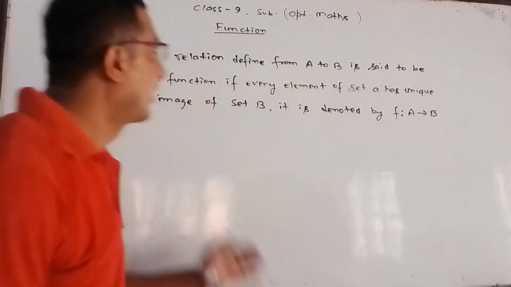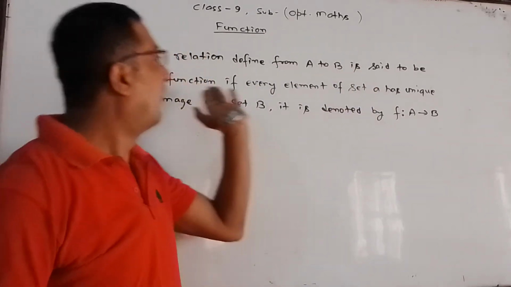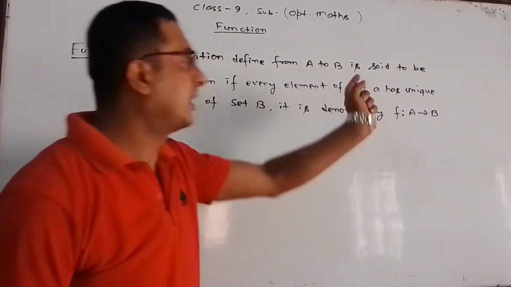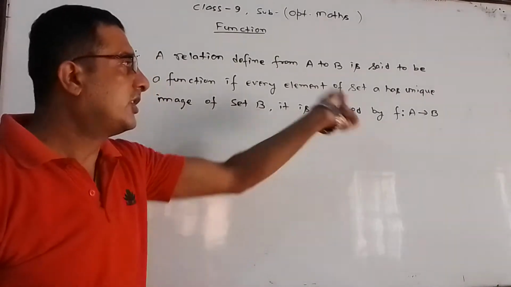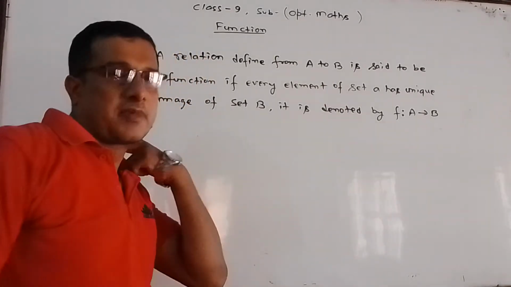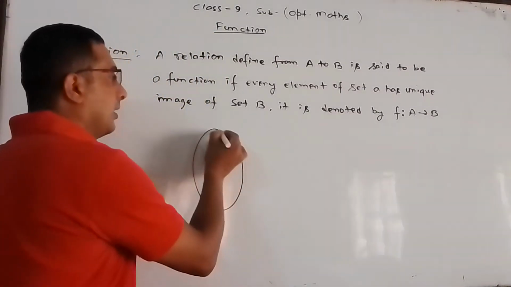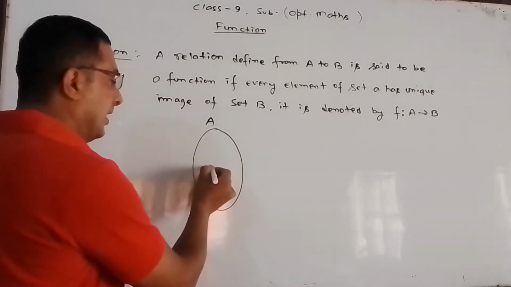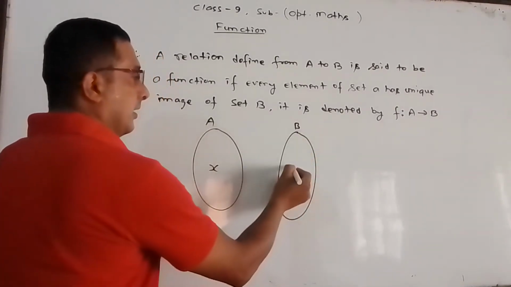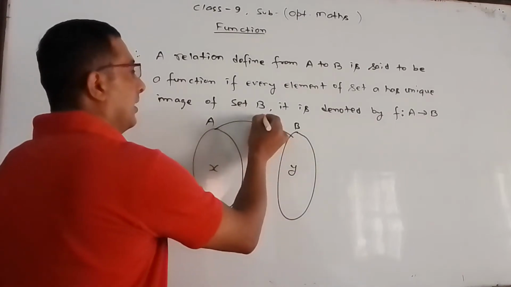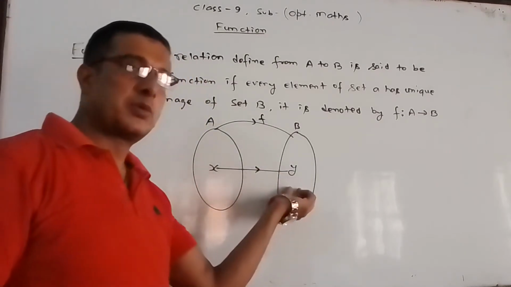Okay, look at the board. A relation defined from A to B is said to be a function if every element of set A has a unique image in set B. It is denoted by f maps A to B. Okay, it means if you have a set A having element x, and set B having element y, here is the f, and x is mapped to y, the image of x is y.